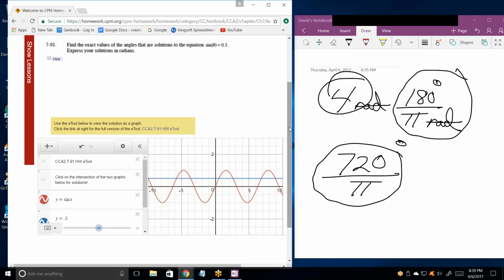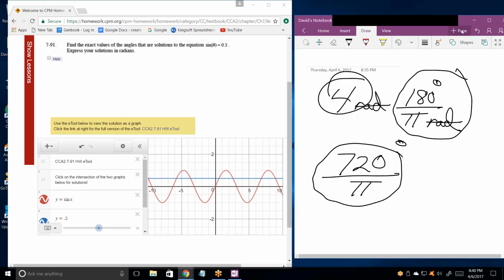Why do they have a blue line? For y equals 0.5. Okay. In other words, to solve this equation, all I have to do is make one equation be sine of theta and the other equation be y equals 0.5. That's what the blue line is. Wherever they intersect are my solutions.